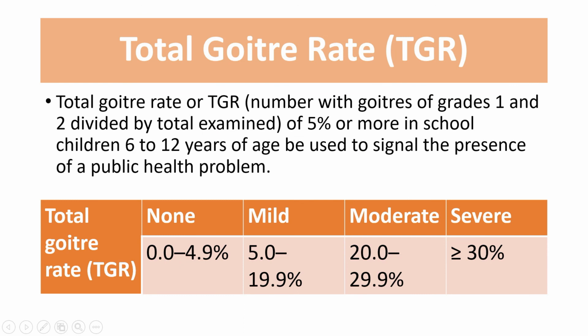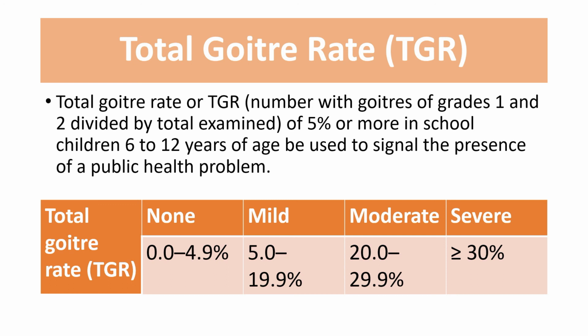The total goiter rate, that is, the number of goiters of grade 1 and grade 2 divided by the total examined, gives us an indication of the severity of iodine deficiency disorders. If it is less than 5%, then we take it as no health problem.